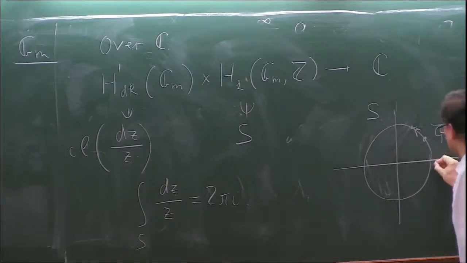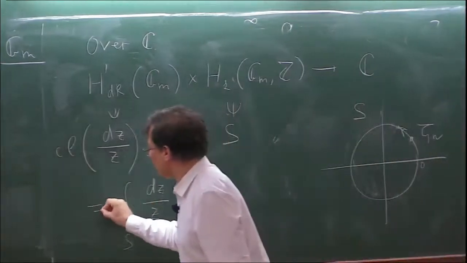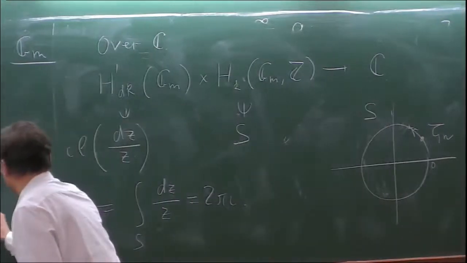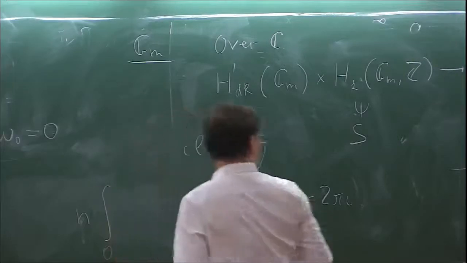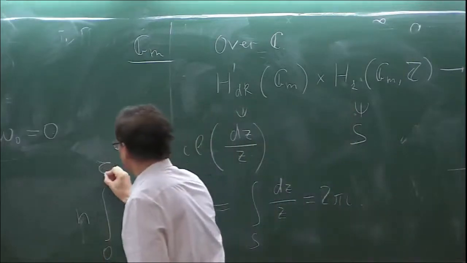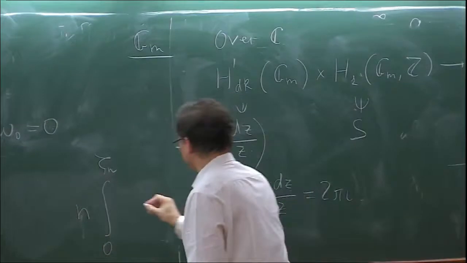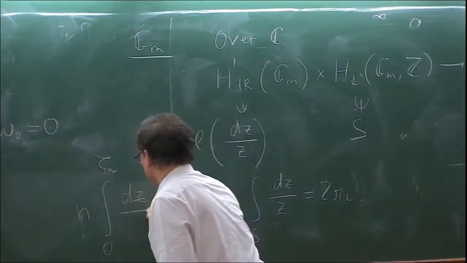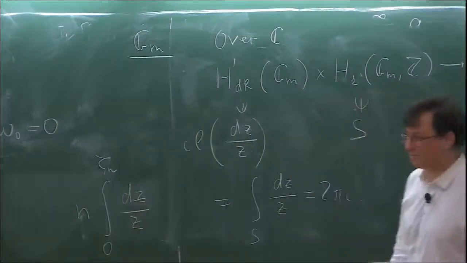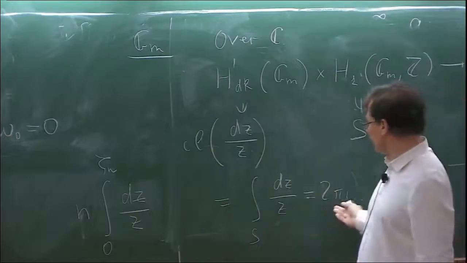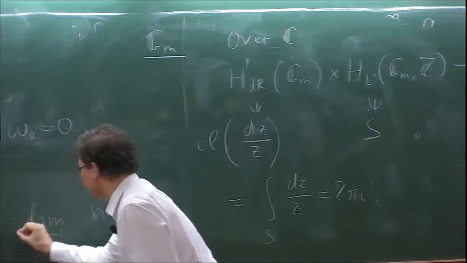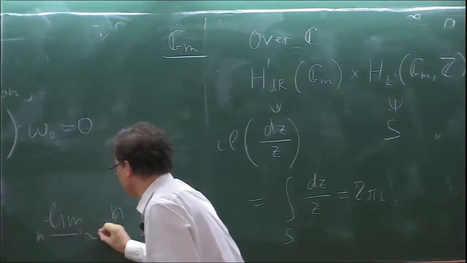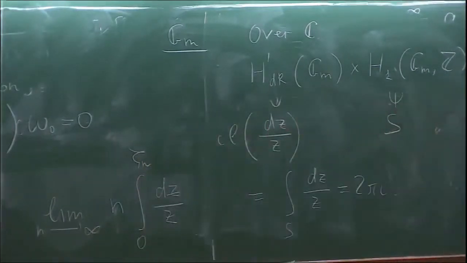So we can write this also as n times the integral from 0 to zeta_n of dz by z. They are tautologically equal to 2 pi, but we can also write that this is the limit when n goes to infinity of this sequence.